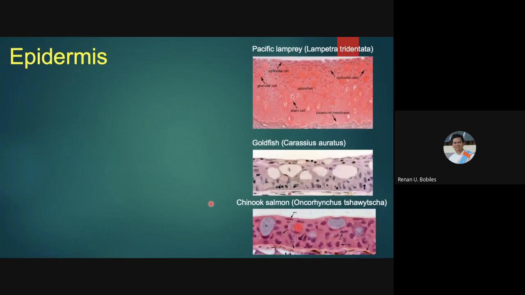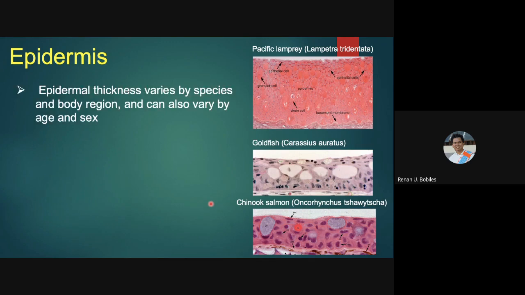So let's talk about the epidermis. Epidermal thickness varies by species and body region and can also vary by age and sex. Unlike what I mentioned before, that the epidermis of fish is alive, metabolically active.